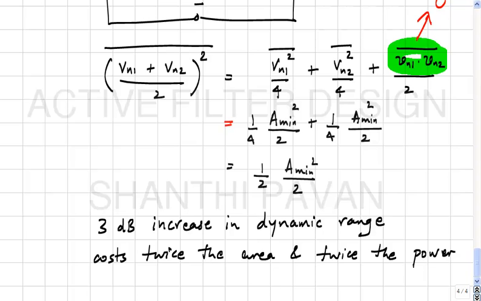Somebody says my dynamic range is 65 dB, and another says my dynamic range is 68 dB. You might say, in 65 dB, 3 dB, what's the big deal? The big deal is 2x in area and 2x in power. So 3 dB is serious business.